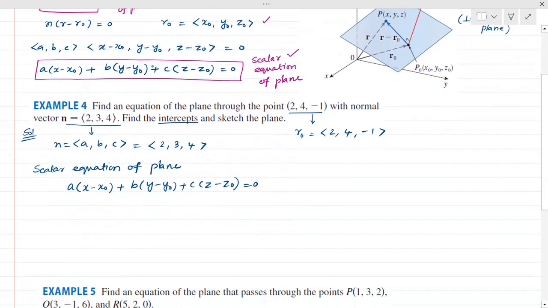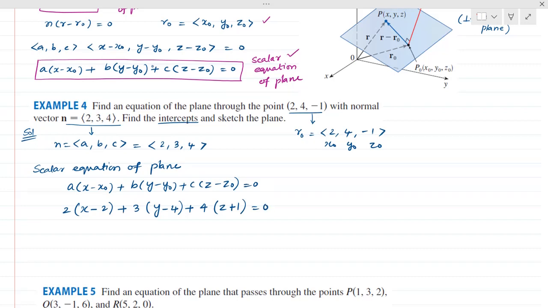Now just substitute the values. What is the value of a? a is 2, times (x minus x naught). This is my x naught, y naught, z naught. So 2 times (x minus 2), plus b value, which is 3, times (y minus 4), plus c value, which is 4, times (z minus of minus 1, that is z plus 1), equals 0.